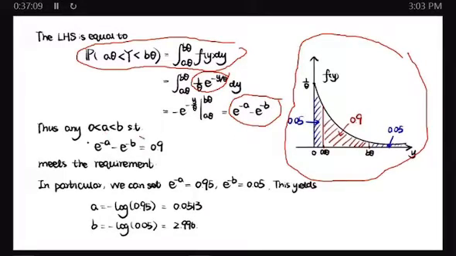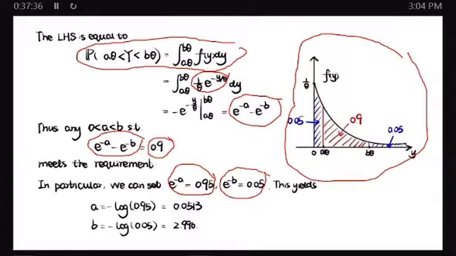If this minus this gives me 0.9, I can think of two numbers that will make sense. If you look at the graph, I can say 0.95 minus 0.05. Since 0.95 minus 0.05 is 0.9, I can let this one be equal to this and this one be equal to that.